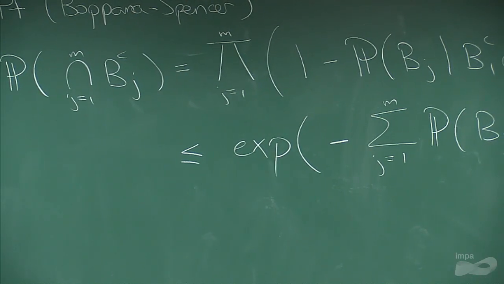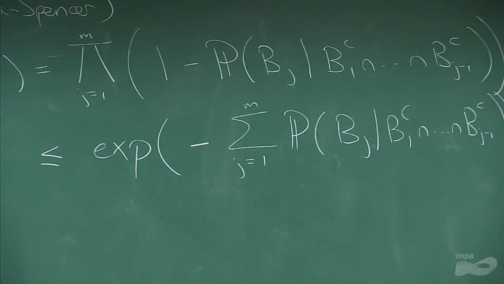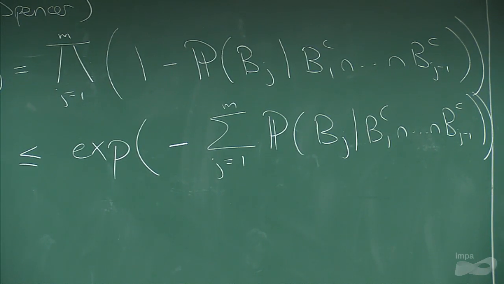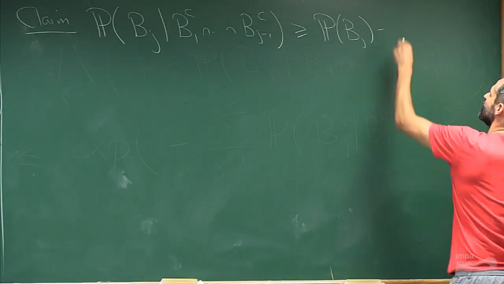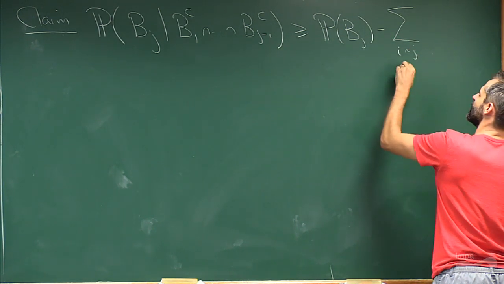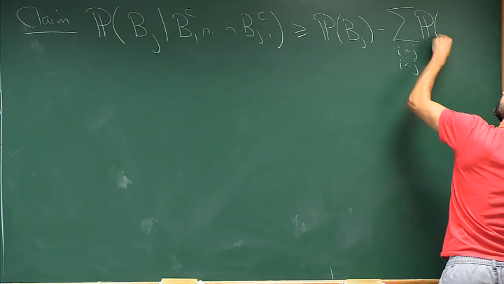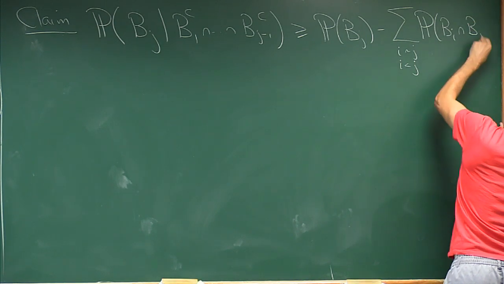The probability of Bj given the complements is at least the probability of Bj minus the sum over i tilde j with i less than j of the probability of Bi and Bj.